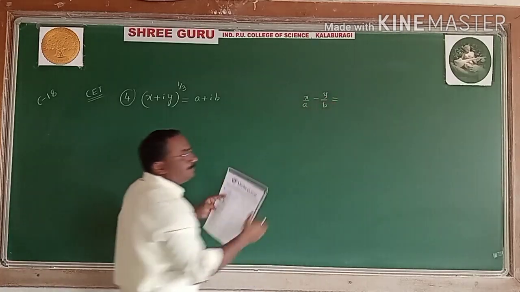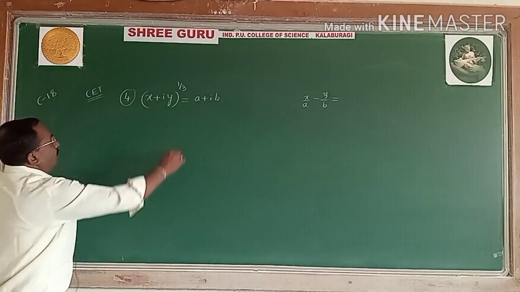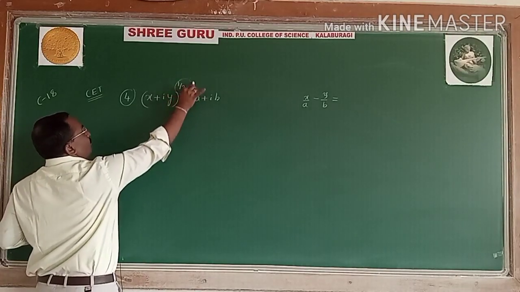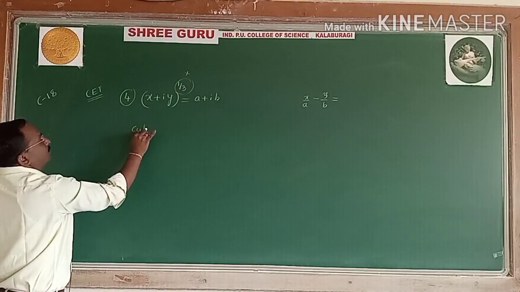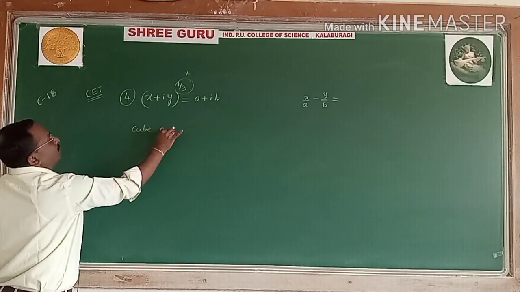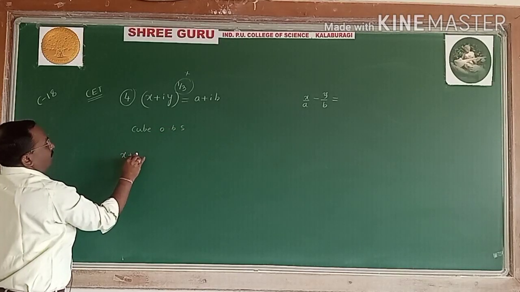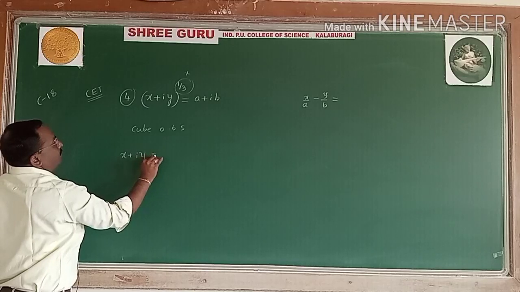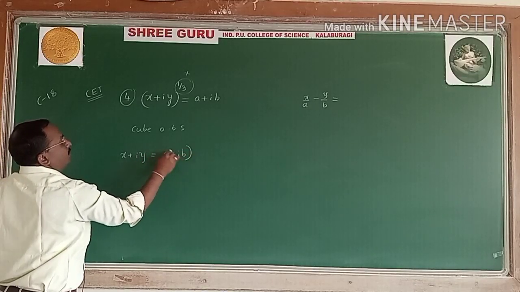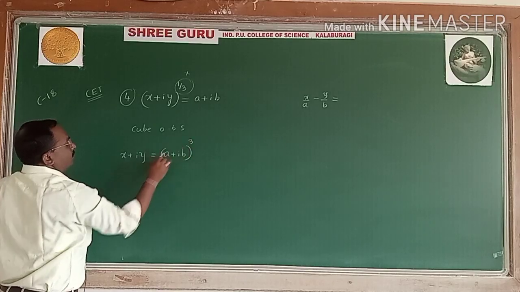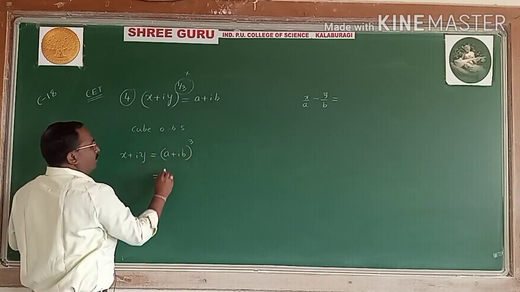Here the power 1 by 3 is removed, so take the cube on both sides: x plus iy is equal to (a plus ib) whole cube. This can be expressed using the (a plus b) whole cube formula.